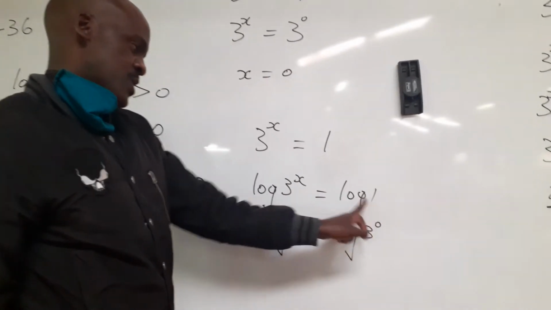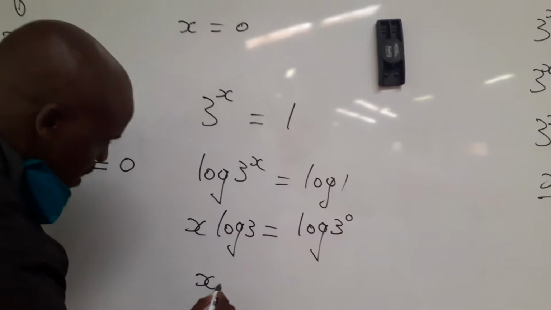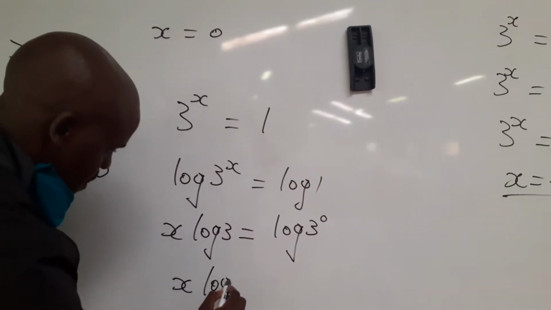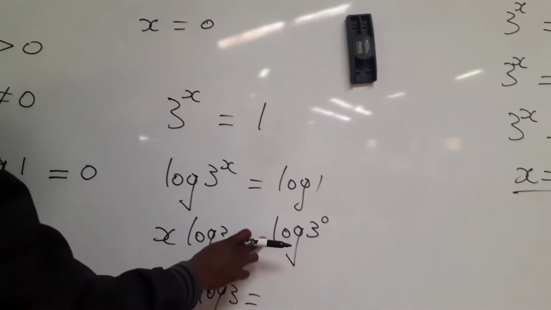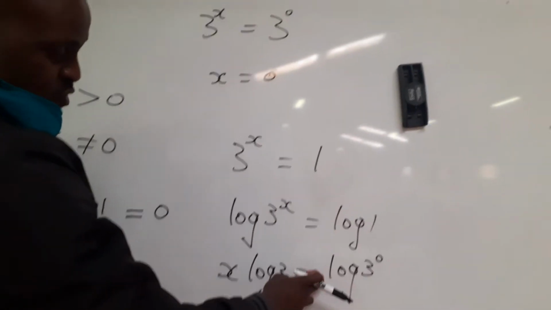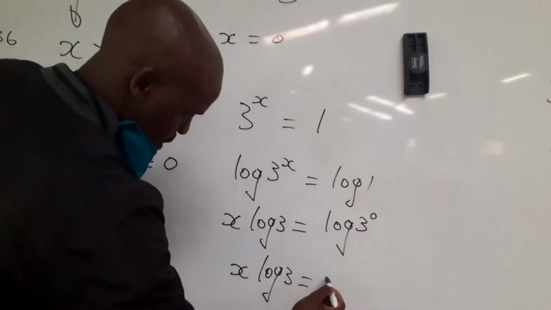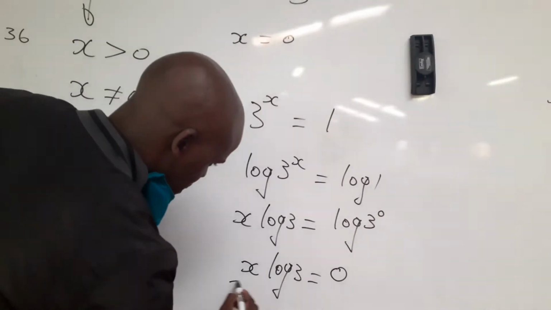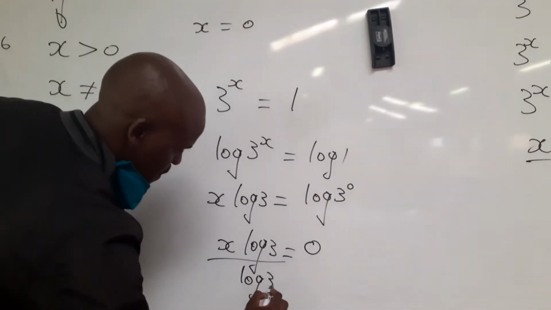We take this and multiply to that. It's x log 3 is equal to 0 times that coefficient, which is 1, it will be 0, and then 0 log 3, it's 0.